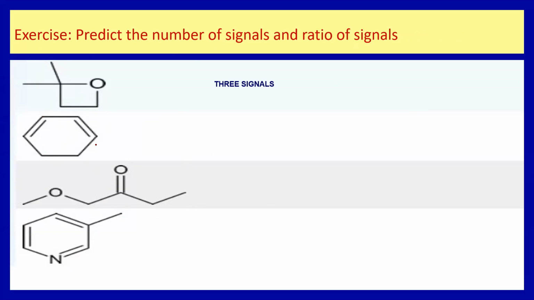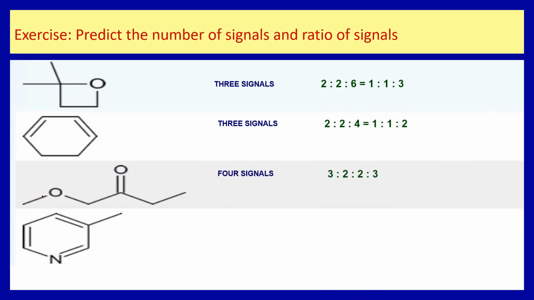One signal, second signal, third signal. So it will give again 4 signals. This will give 5 signals. So 1, 2, 3, 4, 5.